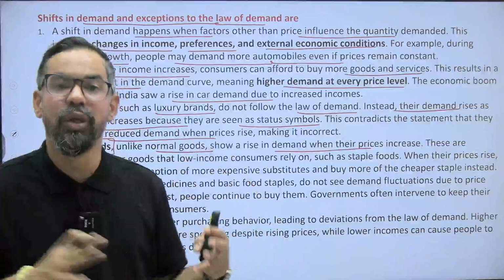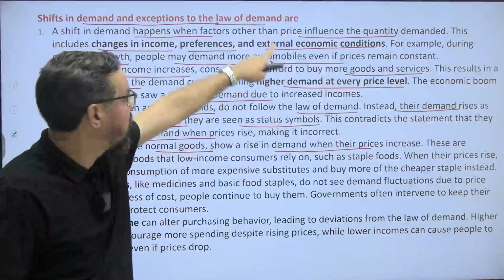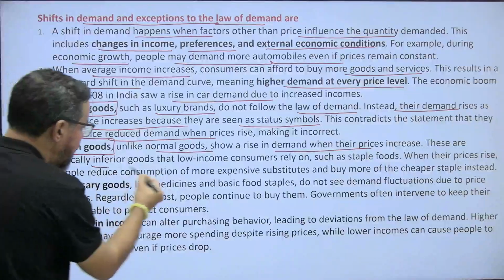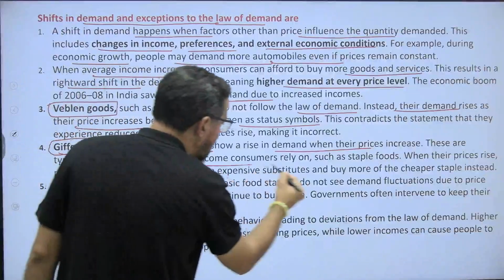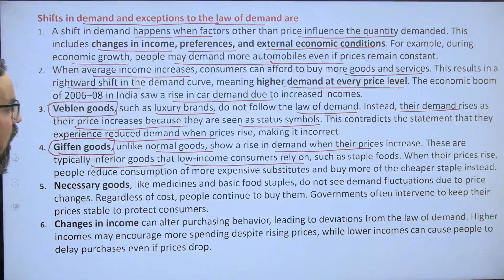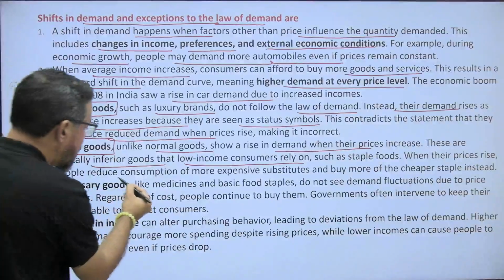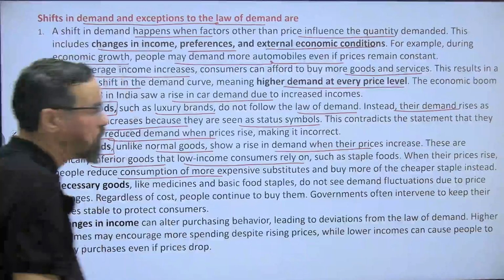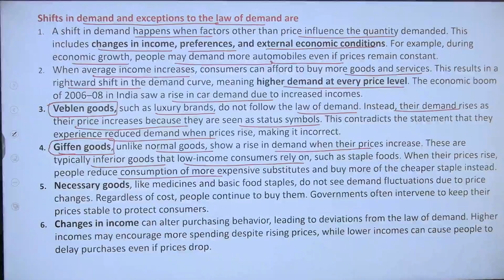People start storing it. So again, exceptions to the demand curve. These are typically inferior goods that low income consumers rely on, such as staple foods. When their prices rise, people reduce consumption of more expensive substitutes and buy more of the cheaper staple instead, right?